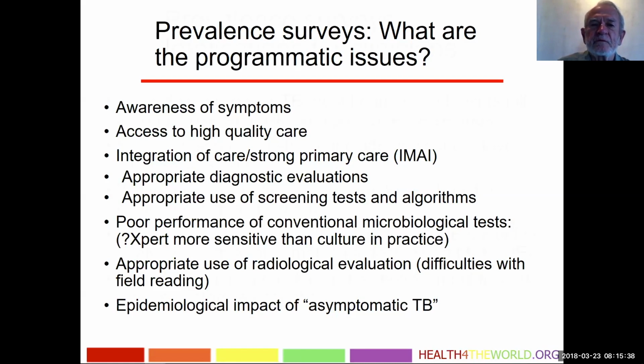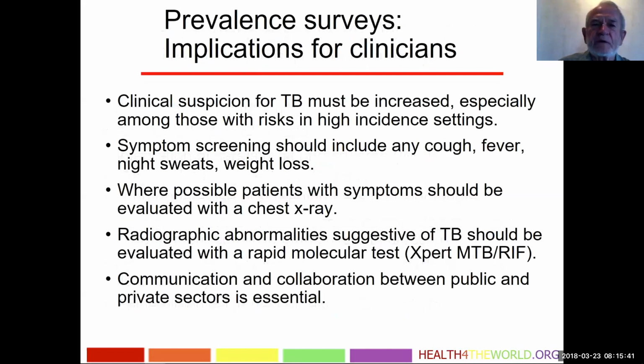So in terms of implications for clinicians from the data of the prevalence surveys and the pathway analyses, the clinical suspicion for TB must be increased among those with risks that we'll talk about in a minute in high incidence settings, so that the clinician must always have in his or her mind that a patient presenting with very nonspecific symptoms might in fact have tuberculosis.